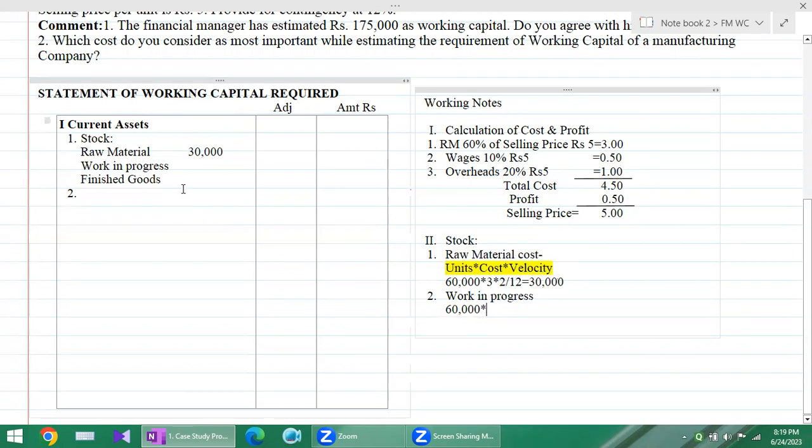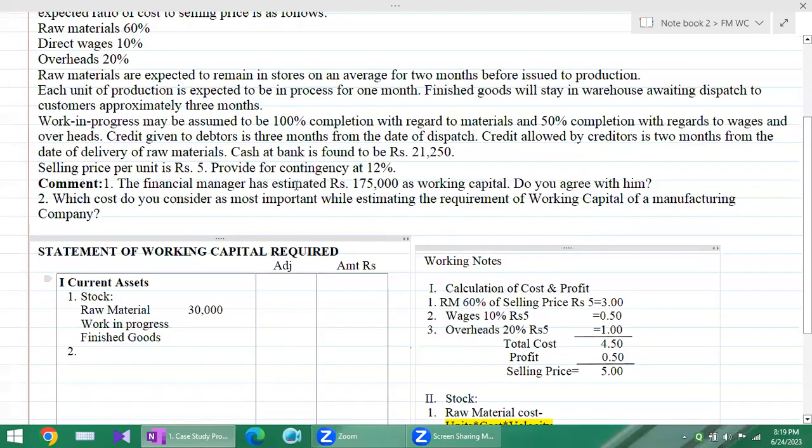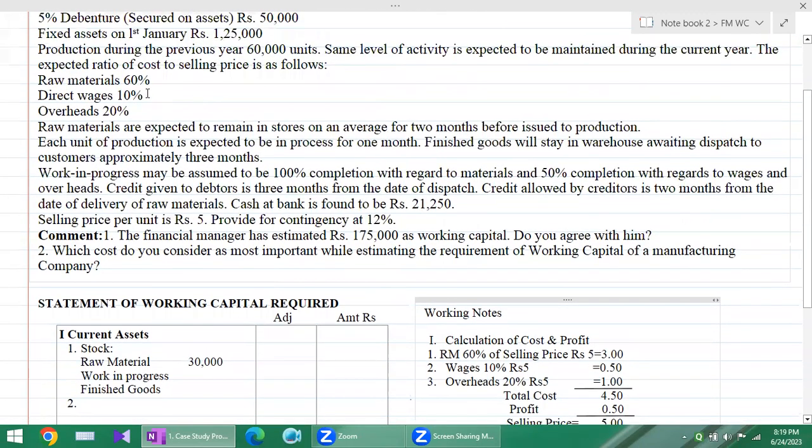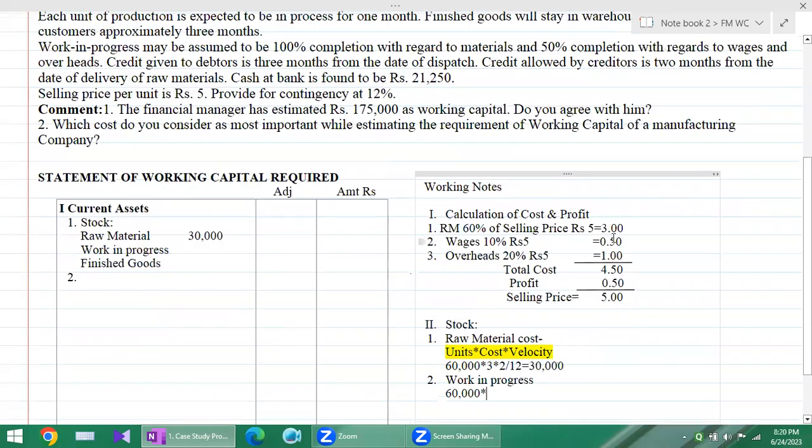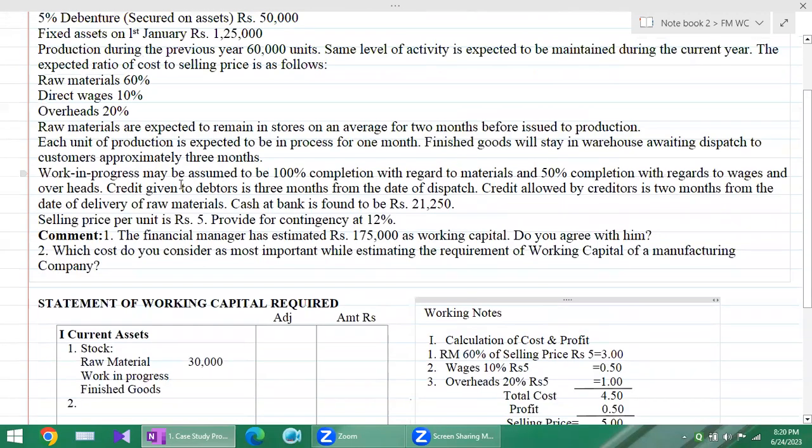What is the cost of work in process? Cost of work in process includes material cost, direct wages, and overhead. So here all the three things we have taken here, rupees 3, 50 paisa, and 1 rupee. Total work in progress cost will be rupees 4.50. But there is one para with regard to work in progress, go through this line.